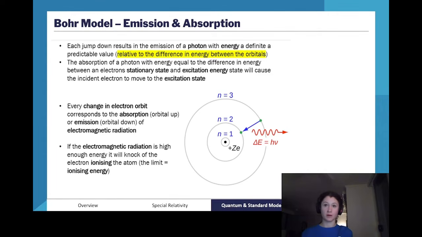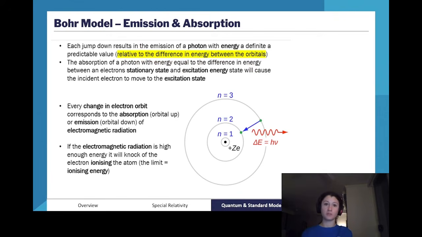Bohr's model tells us that we have discrete orbitals that electrons can be in, but they can't be in between. So, if an electron moves down an orbital, it's going to emit energy because it's losing energy, right? And because the electron has moved down a certain amount, it's going to emit a certain amount of energy, which is relative to the difference in energy between the orbitals, right?